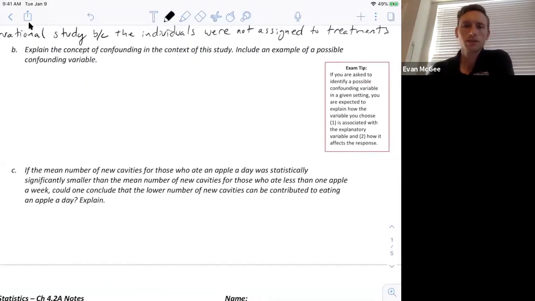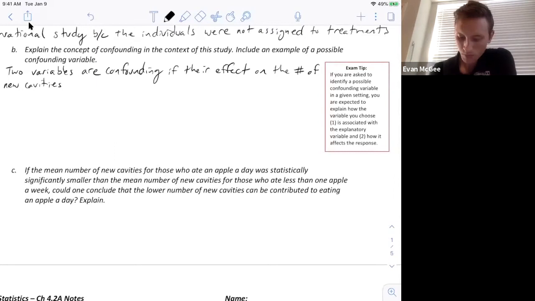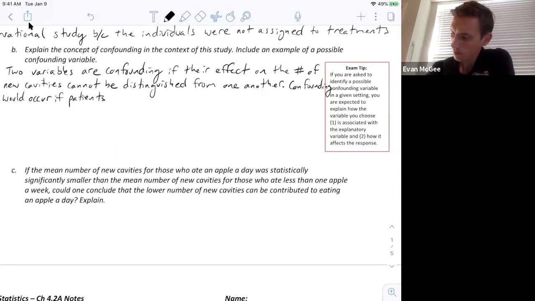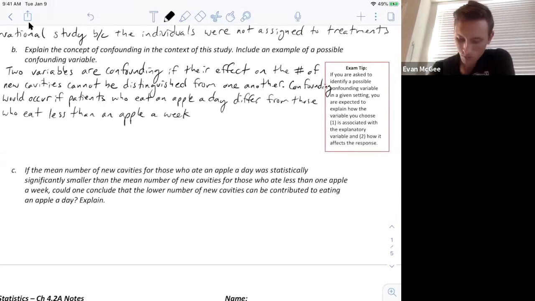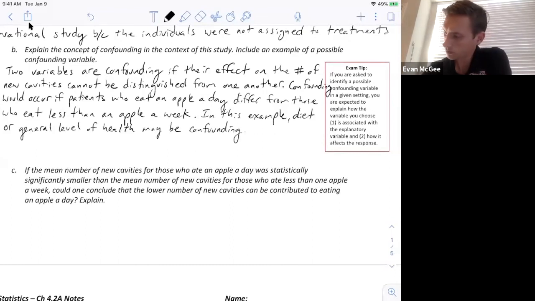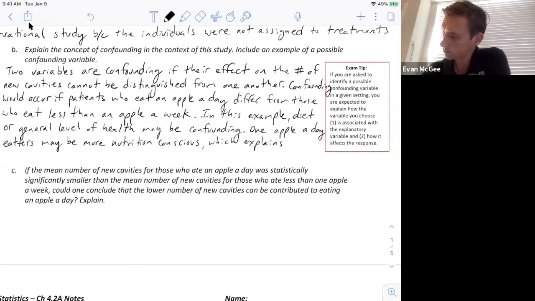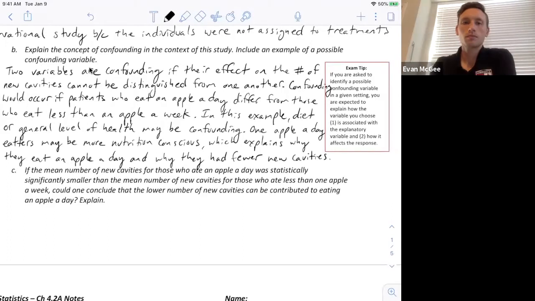So the second problem asks us to explain the concept of confounding in the context of this study and include an example of a possible confounding variable. So two variables are confounding if their effect on the response cannot be distinguished from one another.